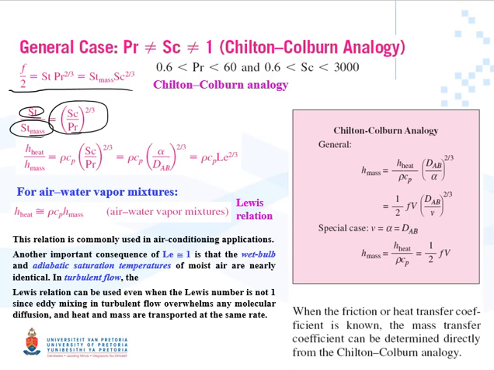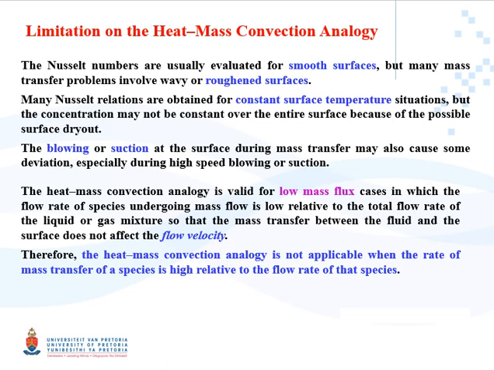This Chilton-Colburn analogy is valid in laminar and turbulent flow over plane surfaces, but this is not always the case for internal flow or for flow over irregular geometries. Besides that, we should know that there are some limitations on using the Chilton-Colburn analogy. There are some limitations in heat and mass convection analogy.